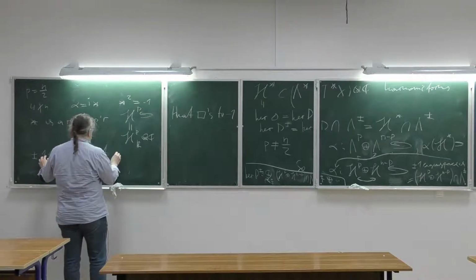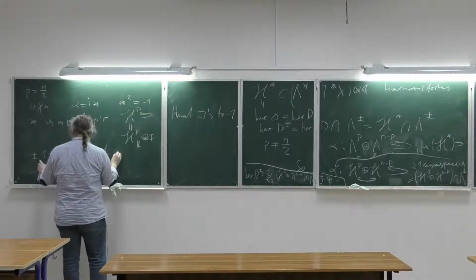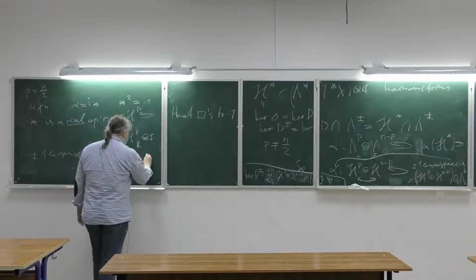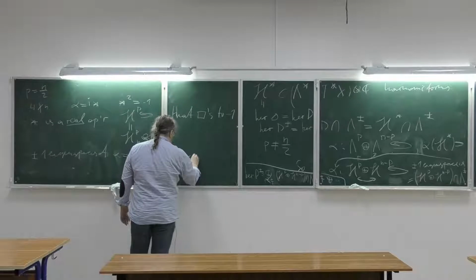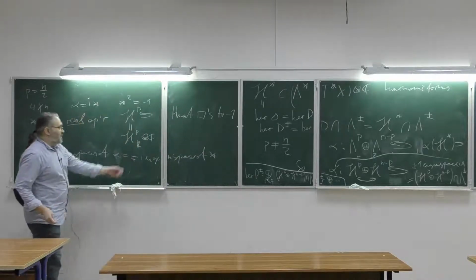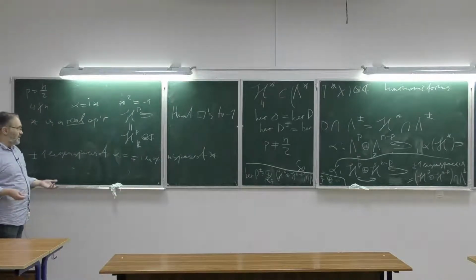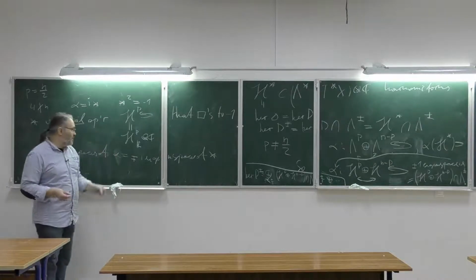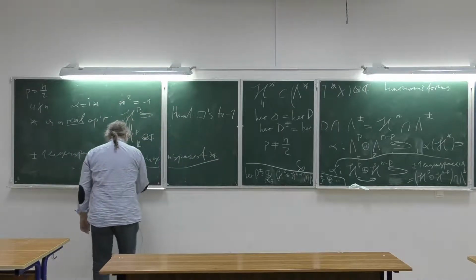So the plus or minus 1 eigenspaces of alpha are the same as the minus plus I, the same as the plus minus I eigenspaces of star. But since star is real, they have the same dimension.